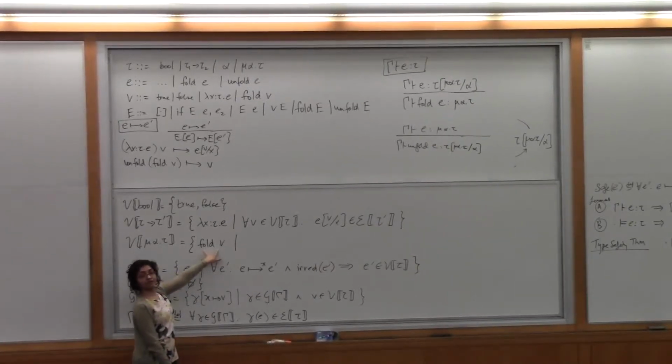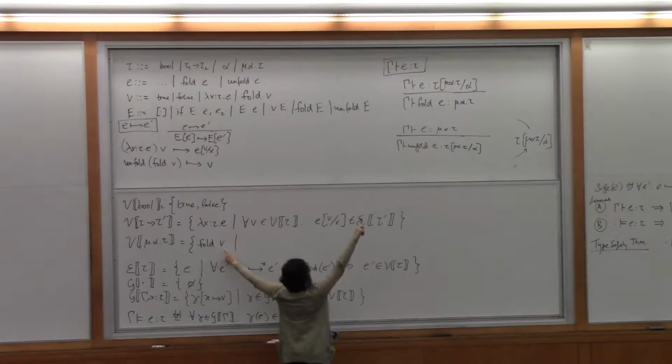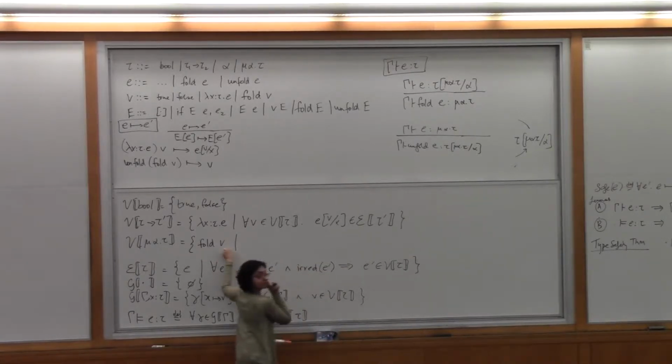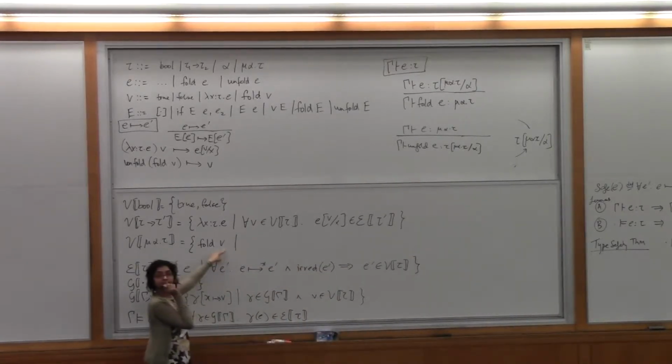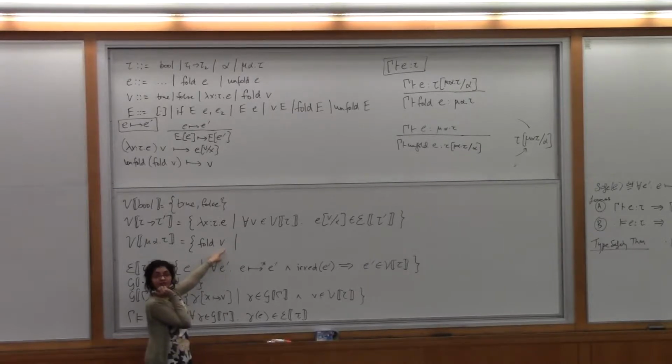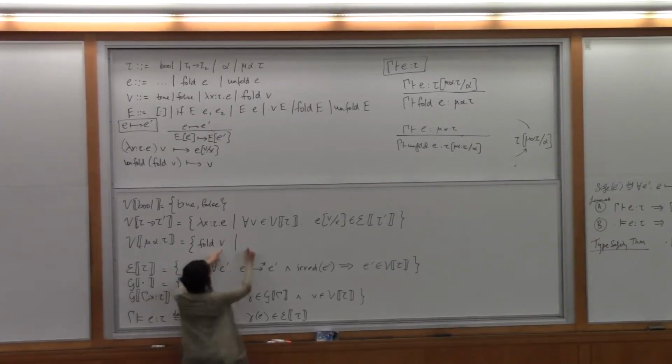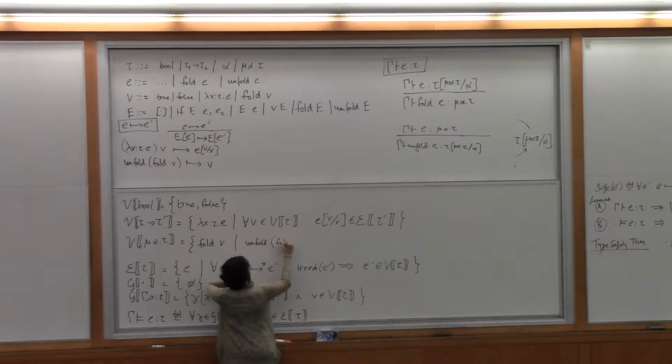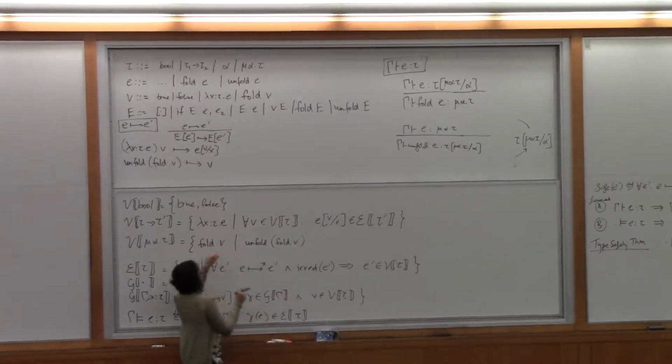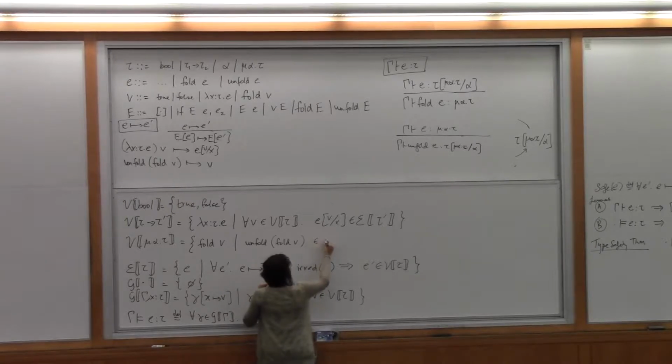If I have a fold V here, this thing has type mu alpha tau. If you look at the typing rule, that means that the V has what type? The substituted type, tau with mu alpha tau for alpha, right? So we need to say something about what? Well, I'll sort of try and attempt. If we apply our elimination form, unfold, to this fold V value that we have, we'd like for that thing to have the property of interest, right?